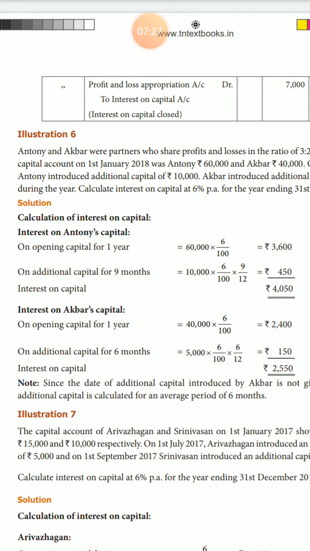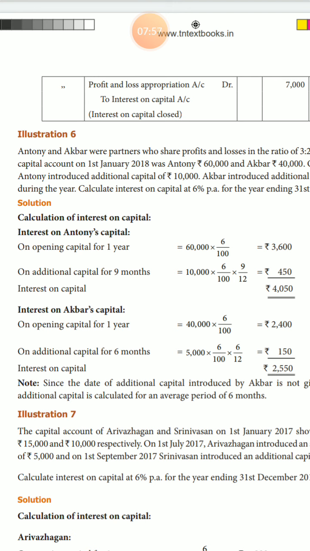60,000 rupees into 6 by 100. 6 is the rate, 6%. Cancel the zeros, the balance is 600. 600 into 6 is 36,000, sorry, 3,600.